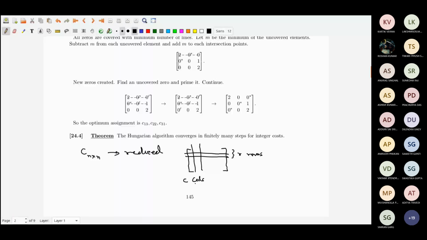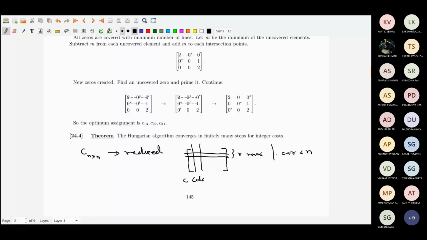First you have the cost matrix, you convert that to the reduced cost matrix. So you have so many zeros, and assume that you have covered the zeros of C with the minimum possible lines, and that minimum possible lines is C plus R, and that is less than n. That is where the algorithm will continue. If that is equal to n, that means you have already got n number of stars, so you already have a diagonal.